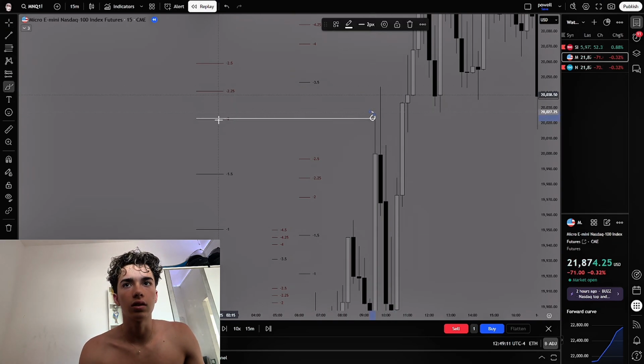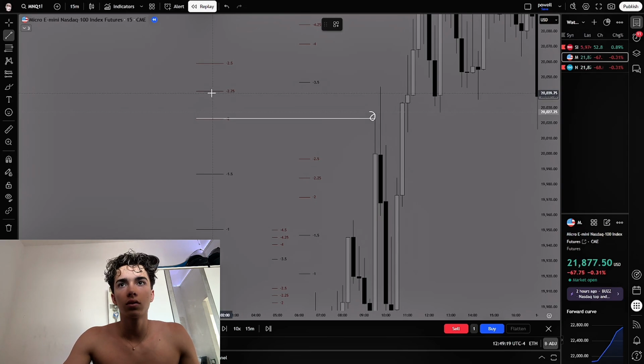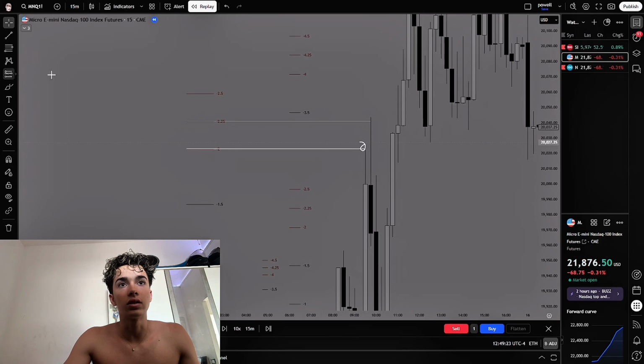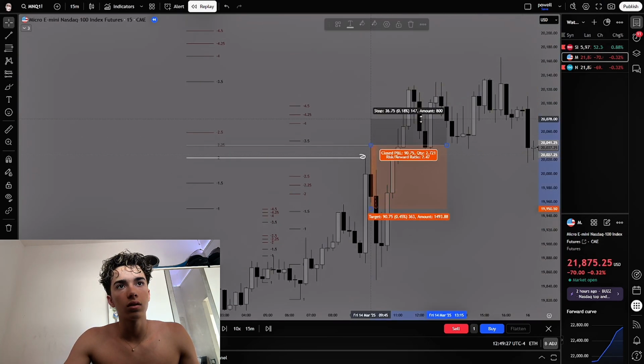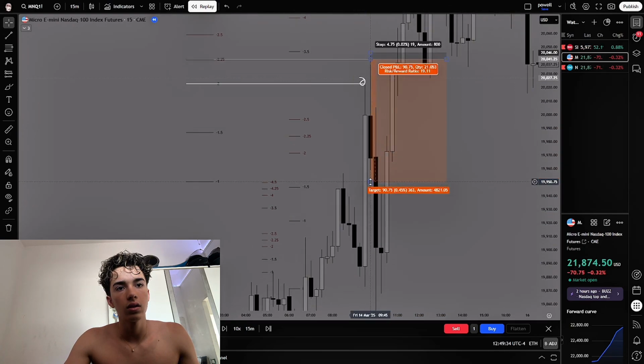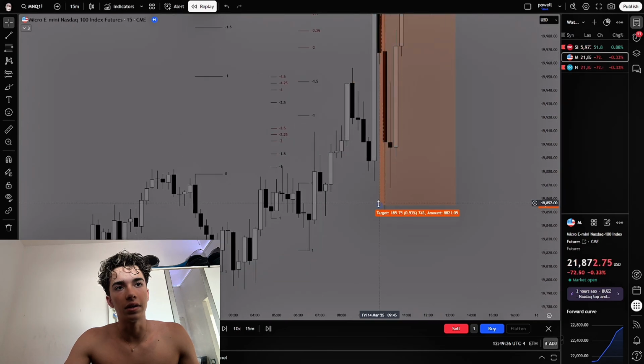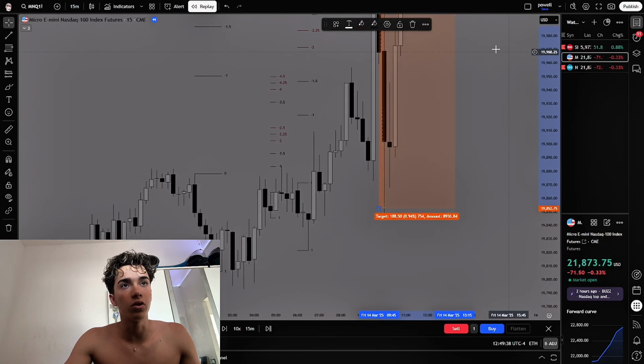Because it's in a level, and what we do, we enter on the next level with a limit order. That's the trade. We do it like this, always even a 5-point stop, whatever. That was a crazy trade, almost 200-point TP.